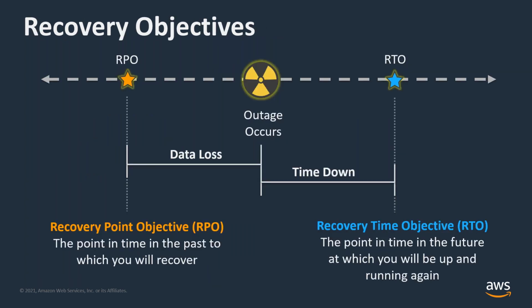Another couple of terms that I'll cover real quickly here, and you'll hear me mention these a couple more times later on, are recovery point objective and recovery time objective, or RPO and RTO respectively. RTO, as you see on this chart on the right-hand side, indicates how long your system will be down after some form of outage, and RPO indicates how much data might be lost.